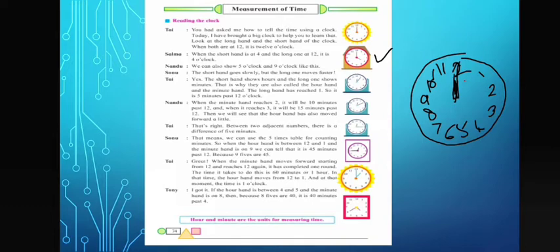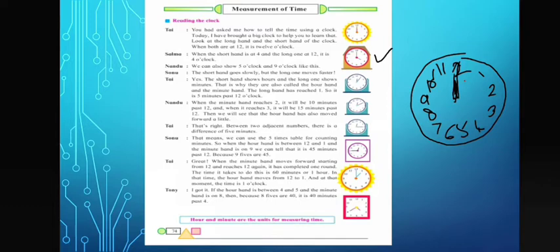As it passes 1, 2, 3, 4, we will say past 12 because our hour hand is at 12. When the minute hand reaches 2, it is 10 past 12, and when it reaches 3, it will be 15 past. You can see here, 15 minutes past 12. Then we will see that the hour hand has also moved forward a little.